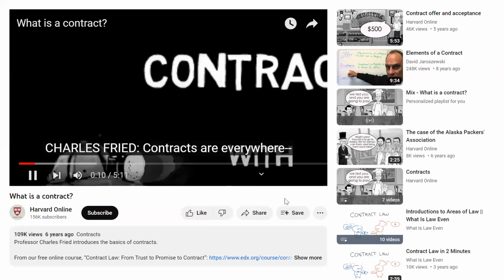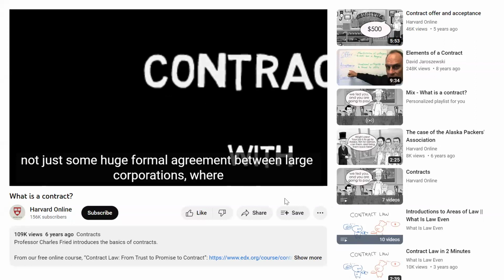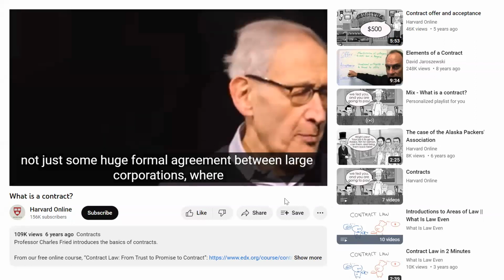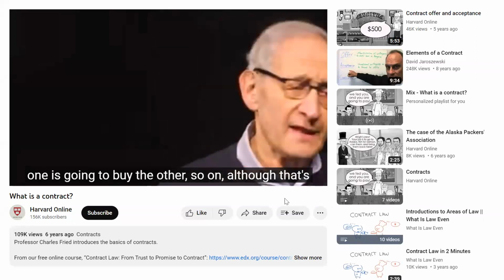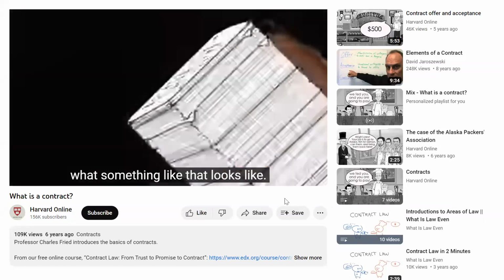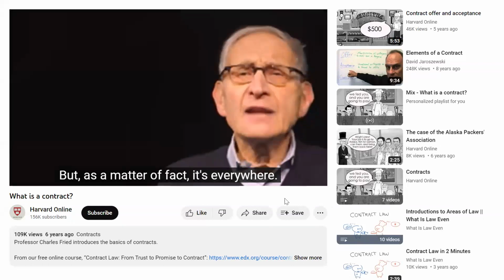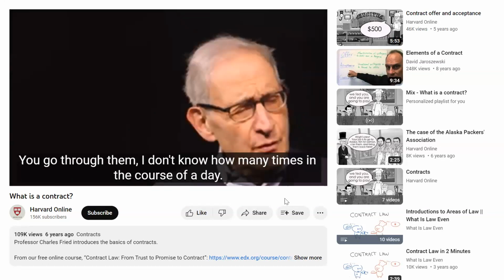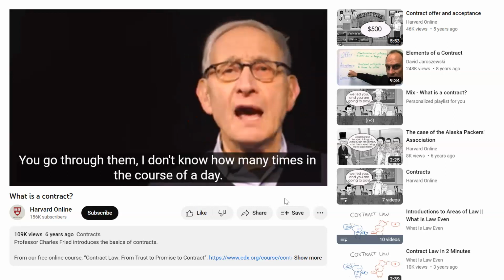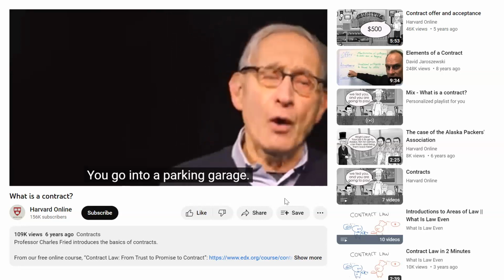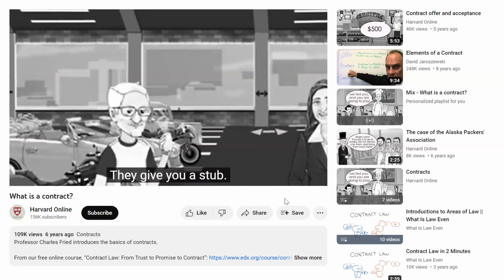Contracts are everywhere, not just some huge formal agreement between large corporations where one is going to buy the other, although that's what something like that looks like. But as a matter of fact, it's everywhere. You go through them, I don't know how many times in the course of a day. You go into a parking garage, they give you a stub.